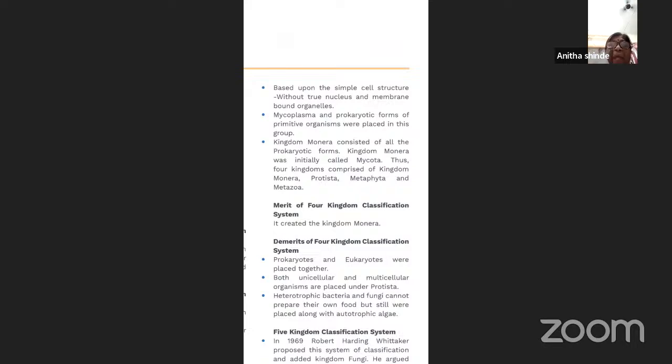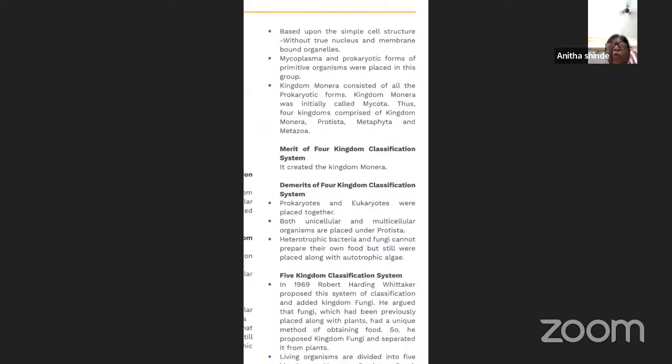Now coming to the merits of the four kingdom classification: it created the kingdom Monera, that means it has added one more kingdom. Now coming to the demerits: prokaryotes and eukaryotes are placed together, because they took only the prokaryotes, but unicellular eukaryotes are also there.